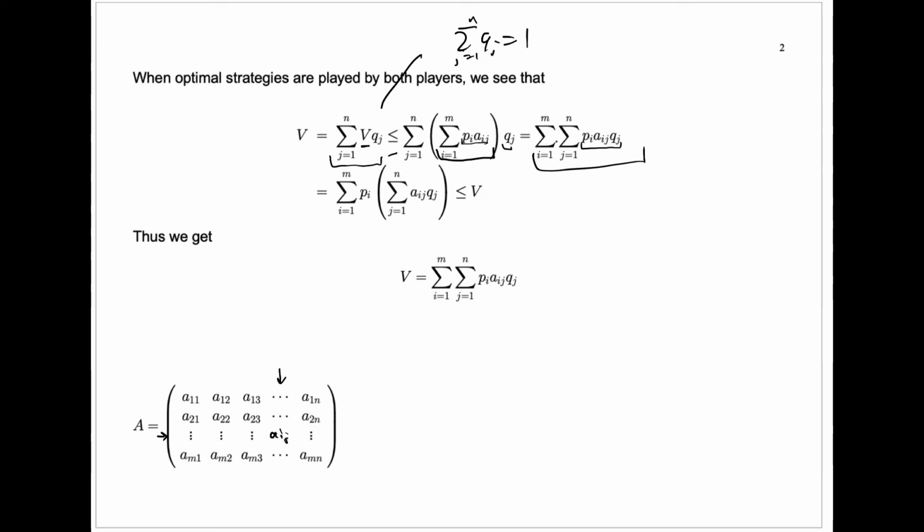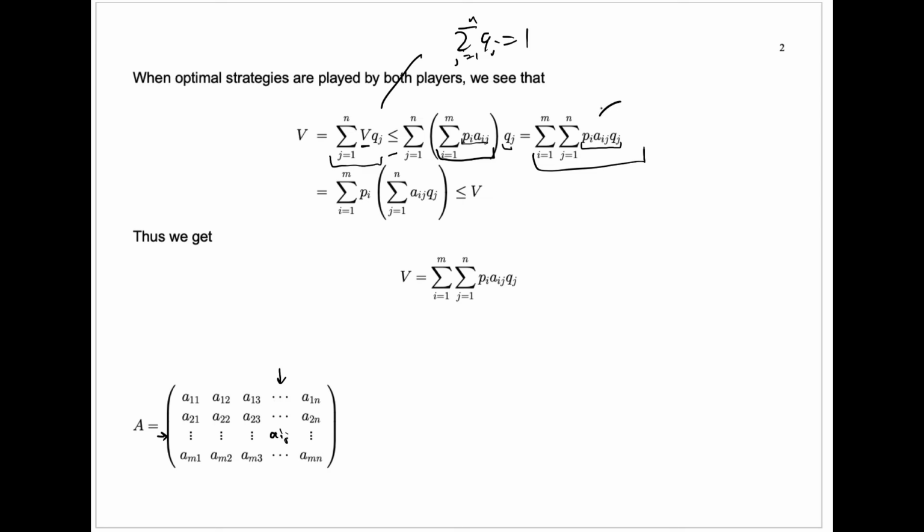So what happens when we sum over every entry in the matrix? p sub i times q sub j is the probability of landing there, times a sub ij, the payout in that situation. We just get the expected return when both players play their optimal strategies.